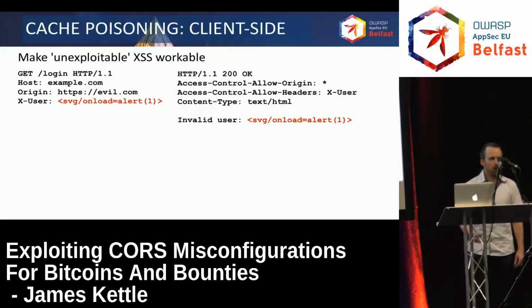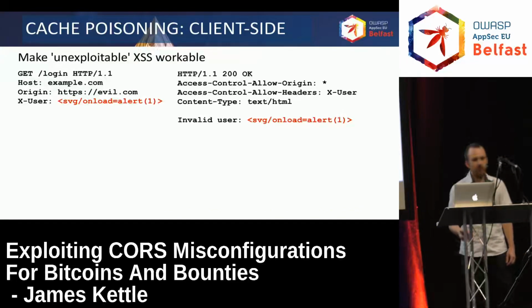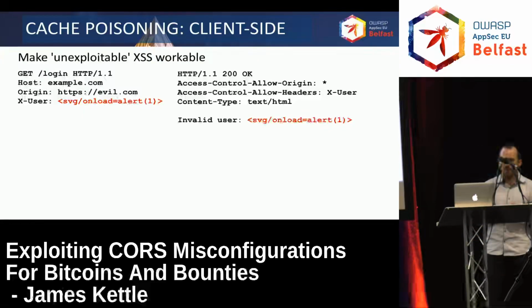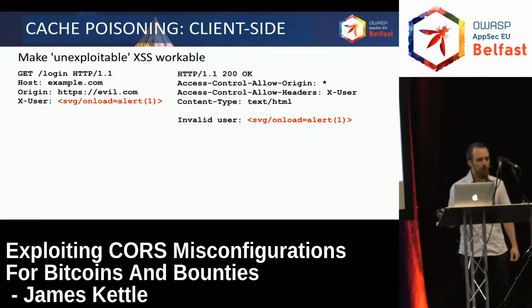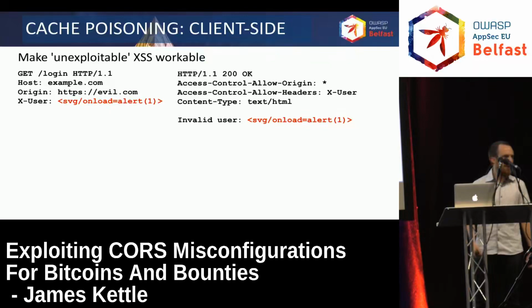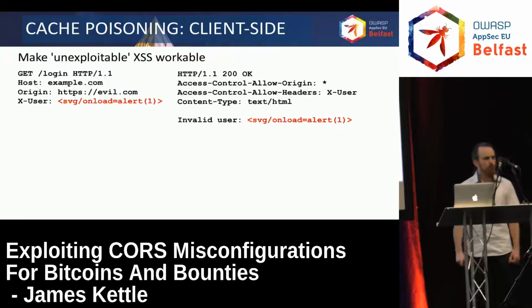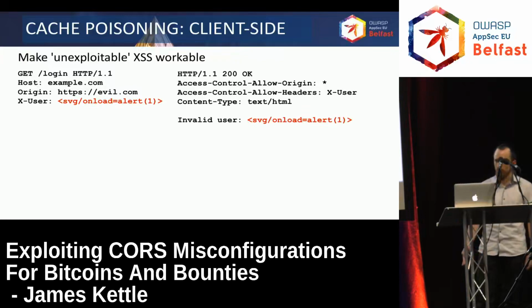If you've done a lot of web app pen testing, you've probably, from time to time, encountered an unexploitable cross-site scripting vulnerability that looks vaguely like this. Here, the problem is that the user's input that's being reflected is coming in the X-User HTTP header, and there's no way to make someone's browser send that header across domain normally.